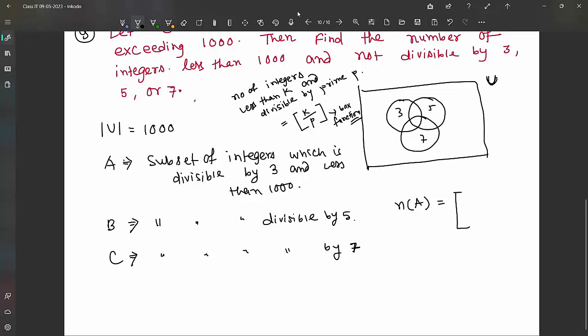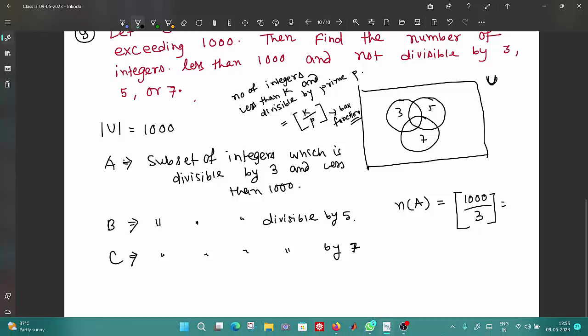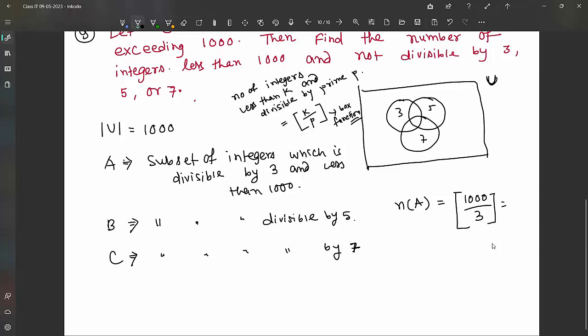So the number of elements of A is the floor of 1000 by 3. Now tell me the value. What is the value of floor of 1000 by 3? 333.33, so 333.